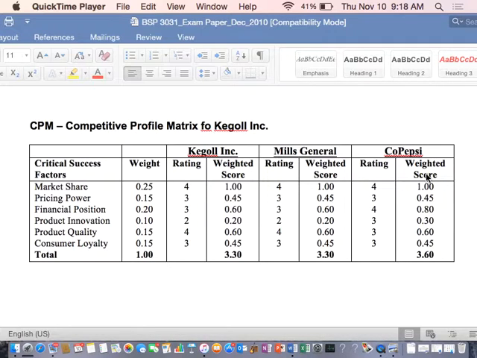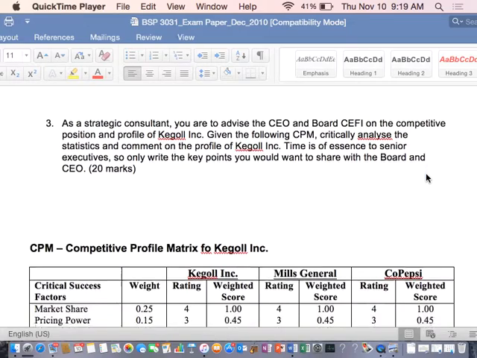The only differential is for PepsiCo, which seems to be performing better. It's just one or two areas where Pepsi seems to stand out. You look at your weighted scores, and you then come to a decision in terms of your analysis.